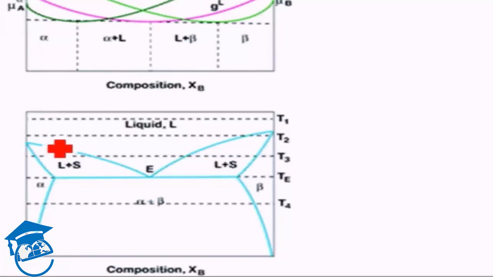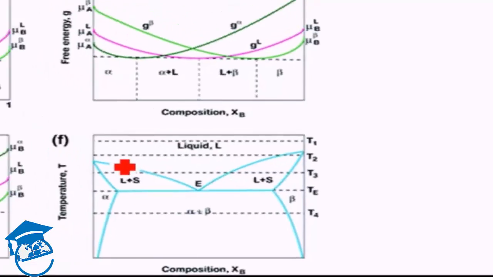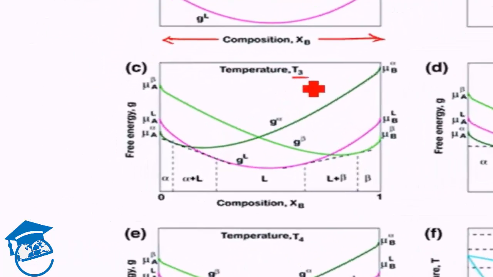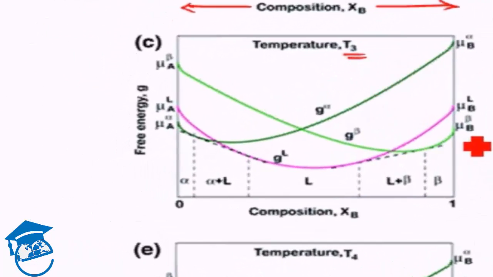Next we take temperature T3. At temperature T3, beta is of the lowest free energy for a certain region, then we have liquid plus beta because the combination has lower free energy than any individual phase.